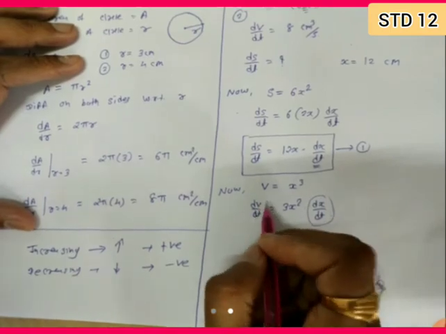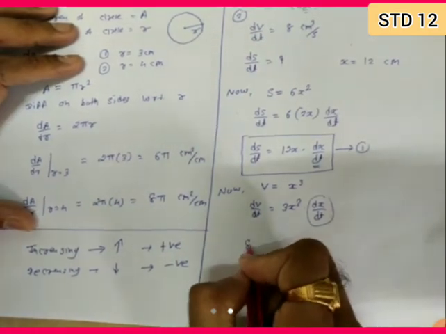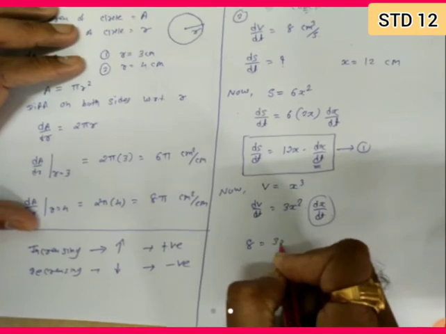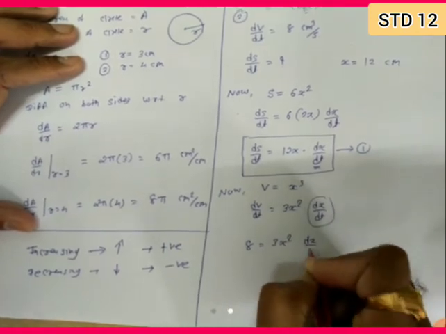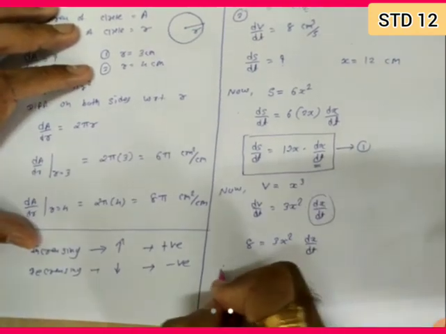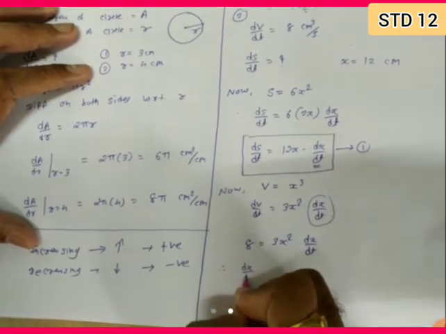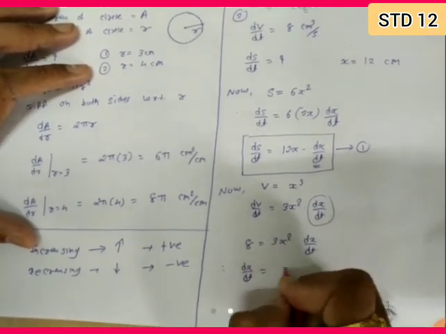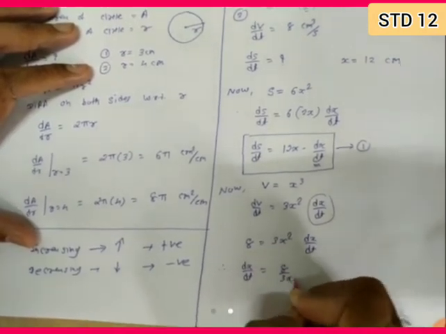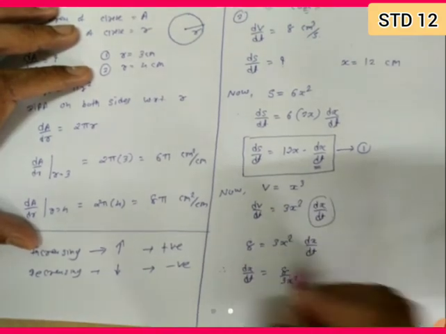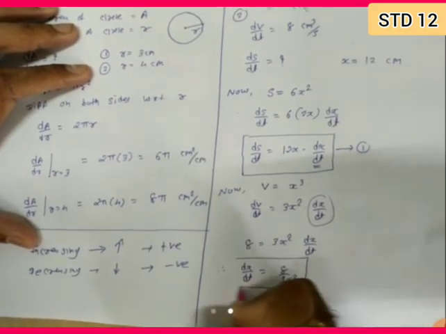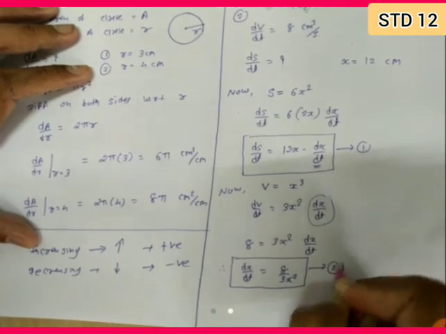The rate of change of volume with respect to time is given, which is 8, equal to 3x square dx by dt, and therefore we'll get our dx by dt as 8 by 3x square. This is our dx by dt, result 2.